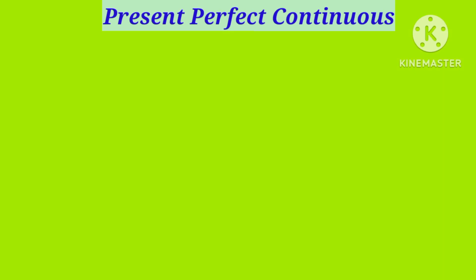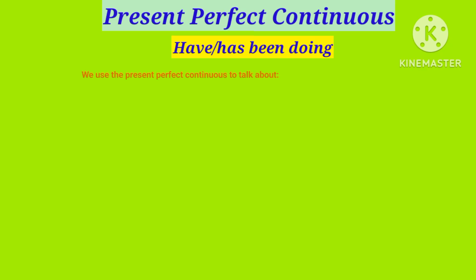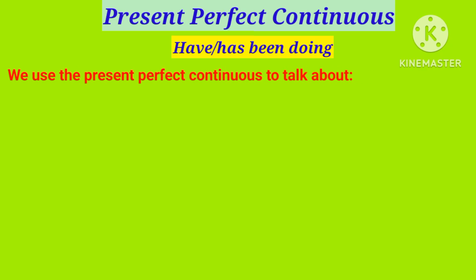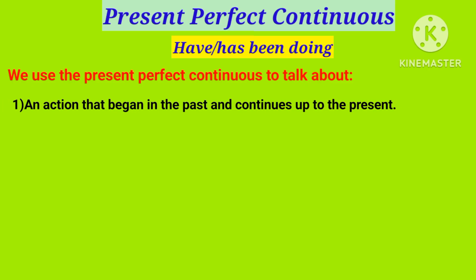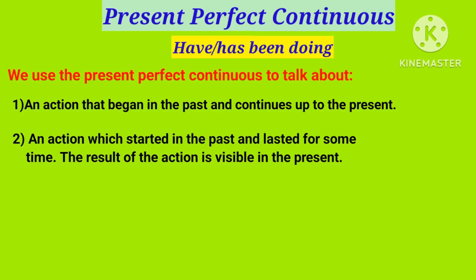Present perfect continuous, the structure is have, has, been, and the verb plus ing. We use the present perfect continuous to talk about number 1, an action that began in the past and continues up to the present. Number 2, an action which started in the past and lasted for some time.